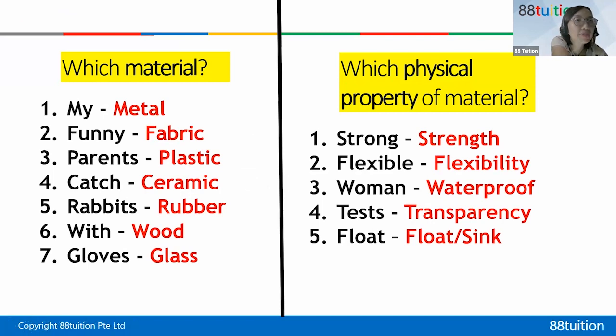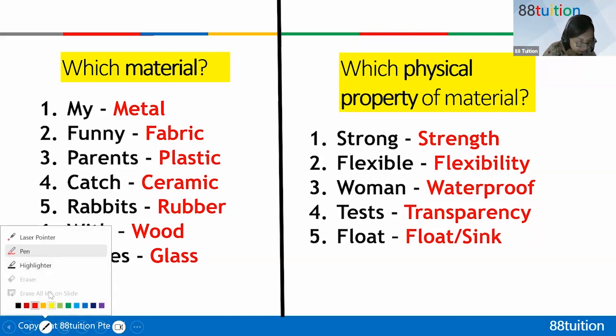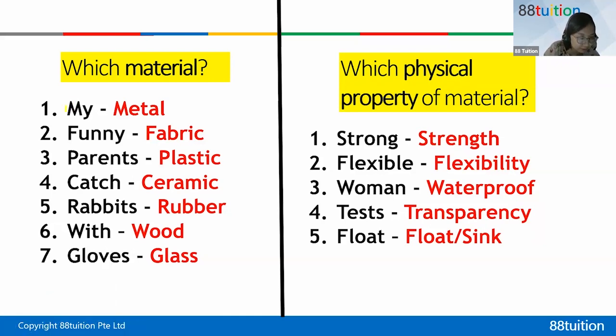Okay, so on the left, you have the material. These are the 7 materials. My funny parents catch rabbits with gloves. So you will use, just a minute, let me use my pointer, or I use my highlighter, the first letter.